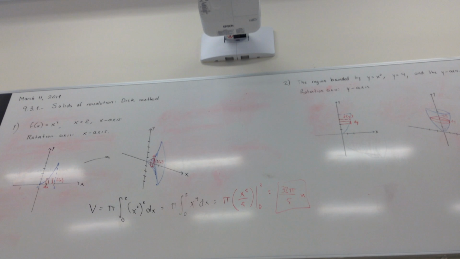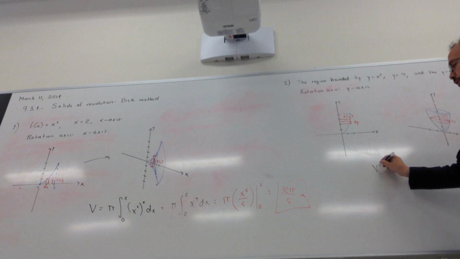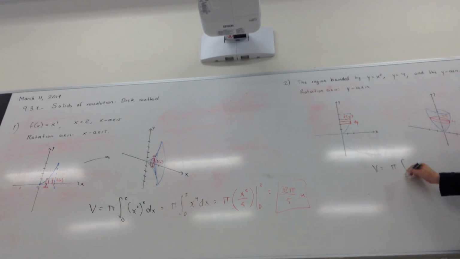So, if I want to calculate the volume, then the volume is going to be pi integral. It says respect to y, so it's going to be from 0 to 4, but not x squared. What I'm going to do is, since the function with respect to y, I need to isolate it. So, x equal to square root of y. Square root of y to the square times dy.